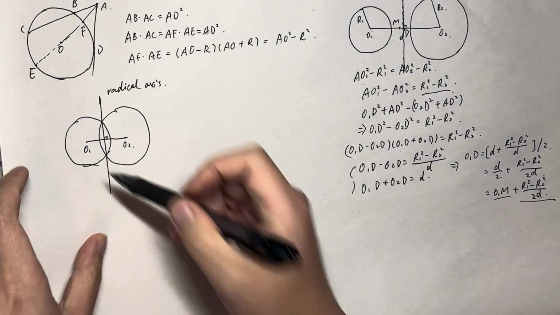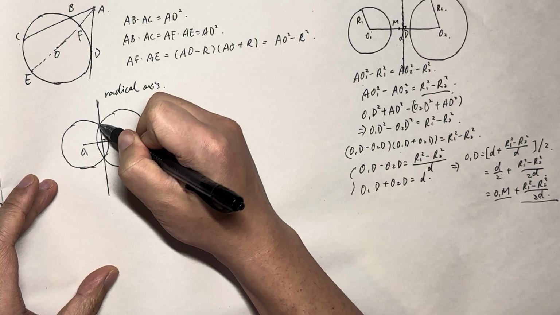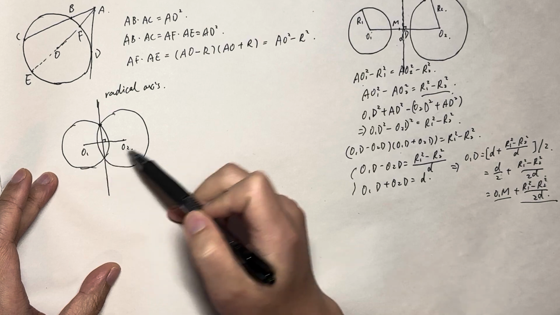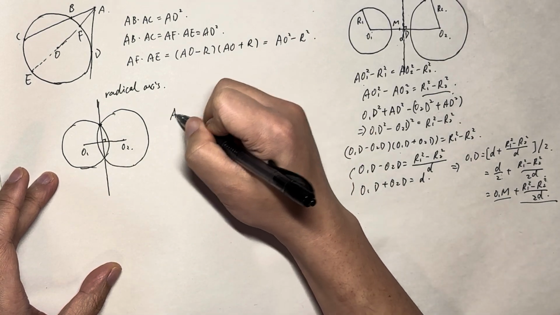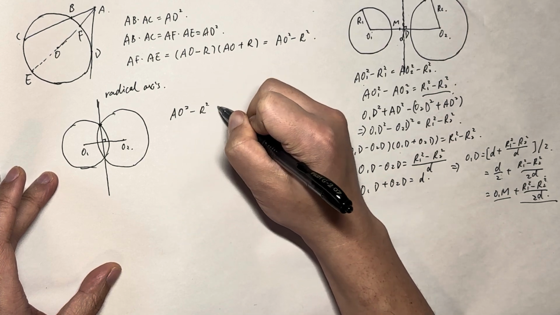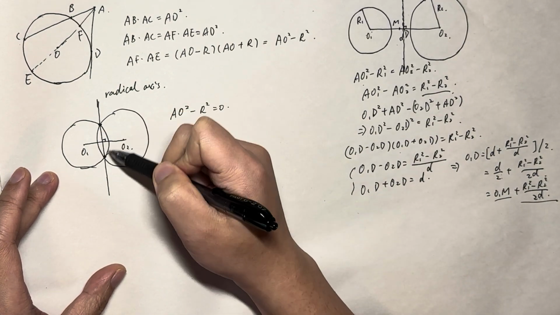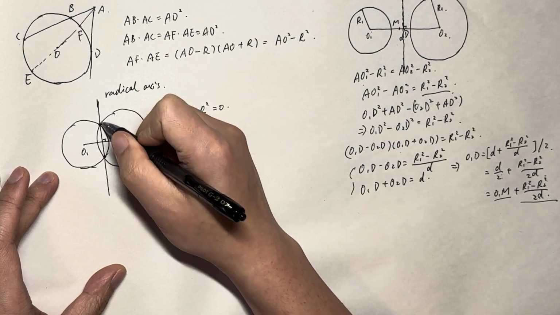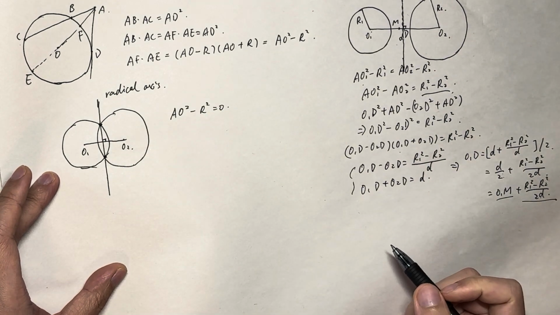So for the intersection case, we know the intersection point has a power with respect to O1, O2 equal to 0, right? Because it's AO squared minus R squared equals 0, always. And we know that one line can be defined by 2 points. We already have 2 intersection points, so we know that this must be the radical axis.